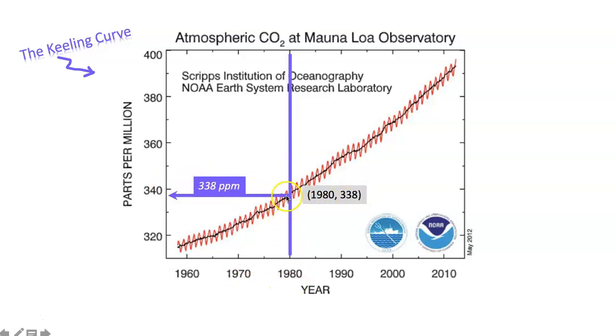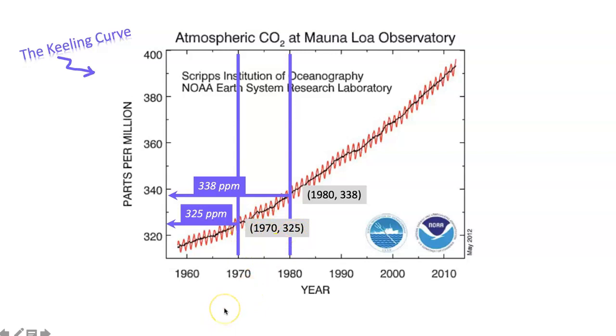Now I want to know the slope between this point and the point on the graph where 1970 intersects. So I'm going to draw my 1970 line. I'm going to see where it intersects over here on the y-axis. And that looks to me like it's at about halfway between 320 and 330. So I'm going to call it 325. And again, if you want to do XY points, that would be 1970, 325.